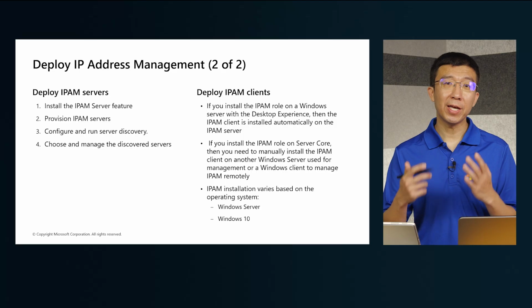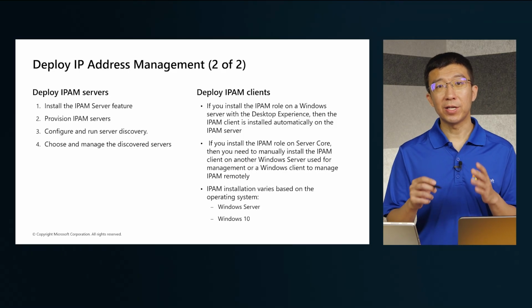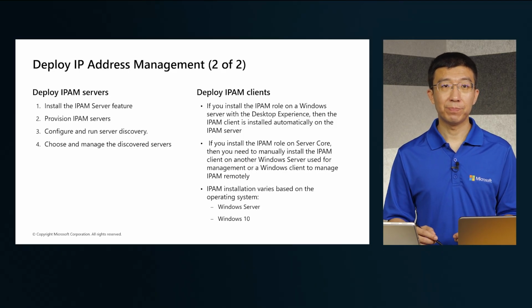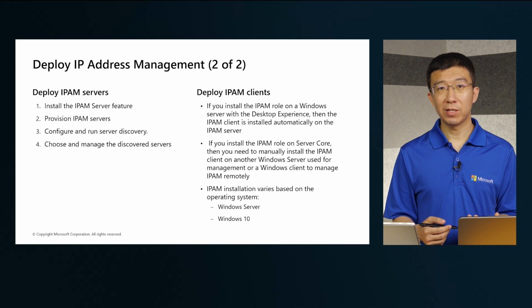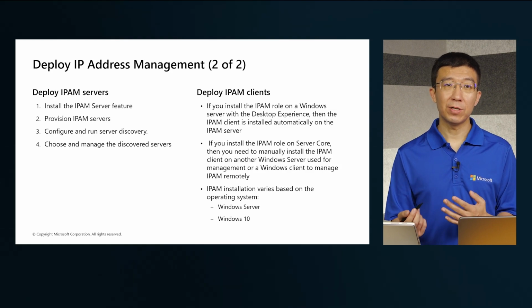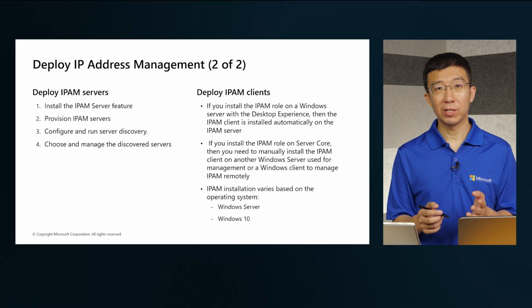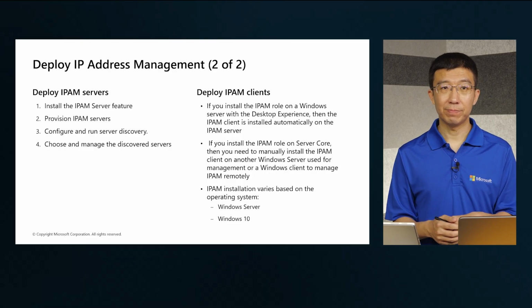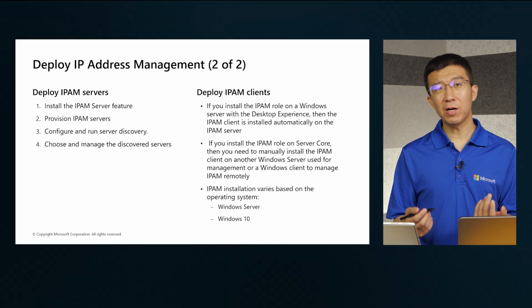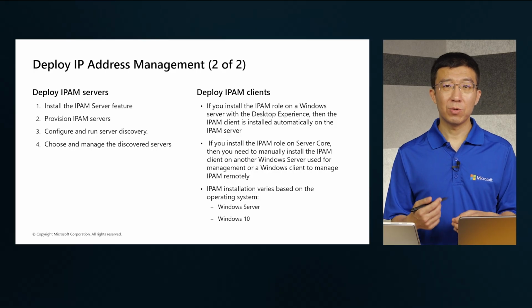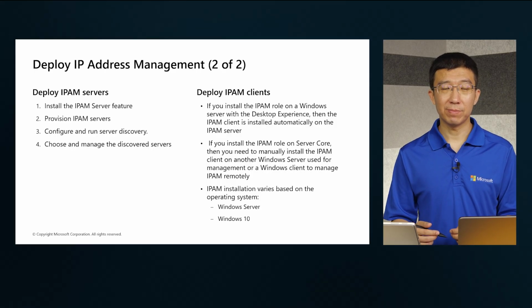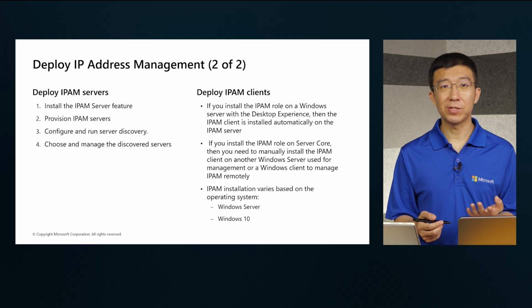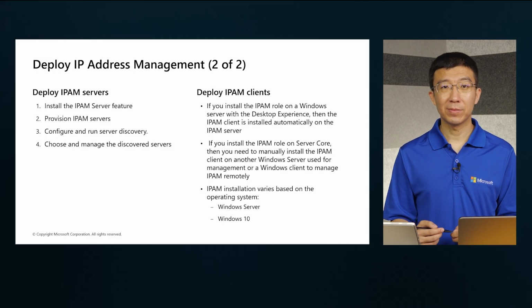To deploy IPAM, install the IPAM server feature, provision the server, and then configure and run server discovery to find management servers. If you install IPAM on a server with the desktop experience, the client is installed automatically.